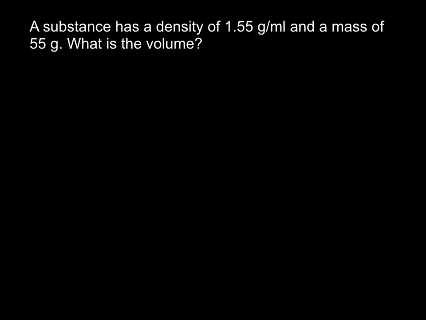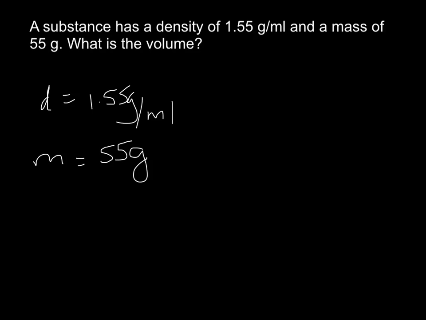So in this example, it says a substance has a density of 1.55 grams per milliliter and a mass of 55 grams. What is the volume? So let's write out what we know. We know the density equals 1.55 grams per milliliter. And we know that the mass is 55 grams. And what we're looking for is the volume.